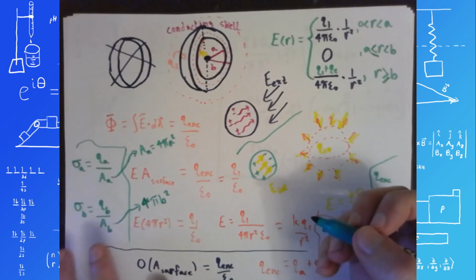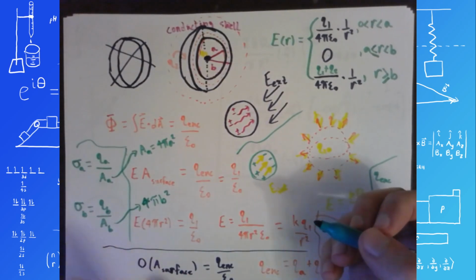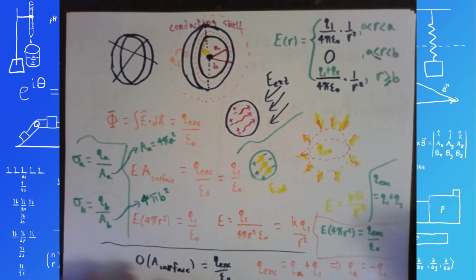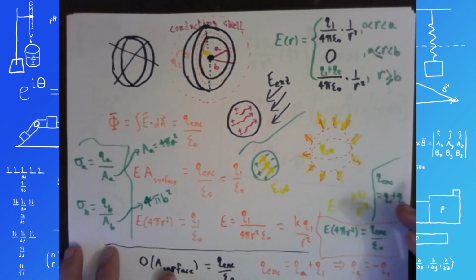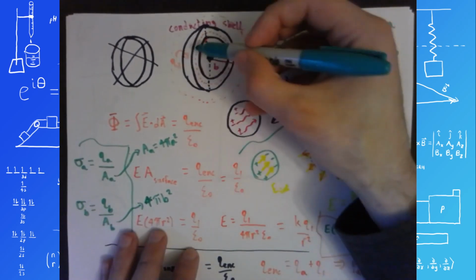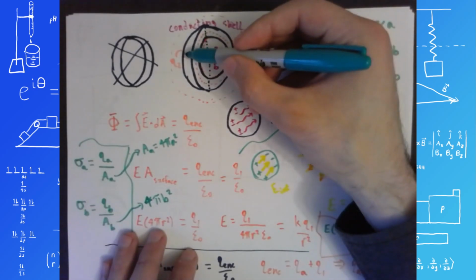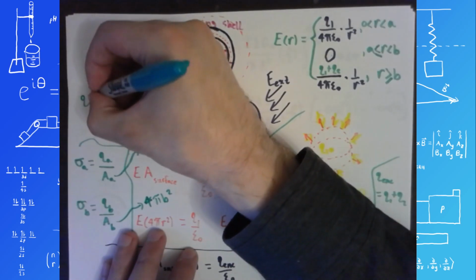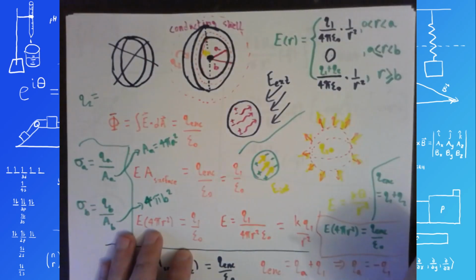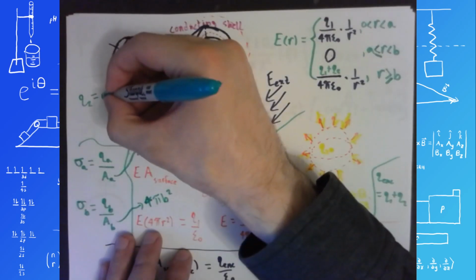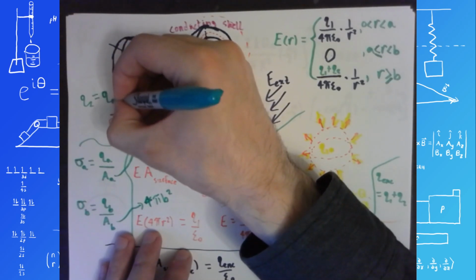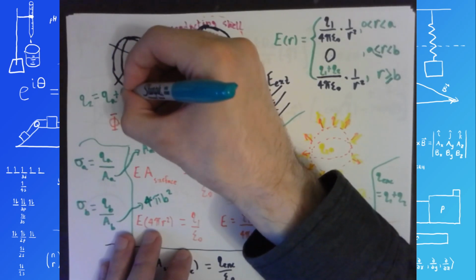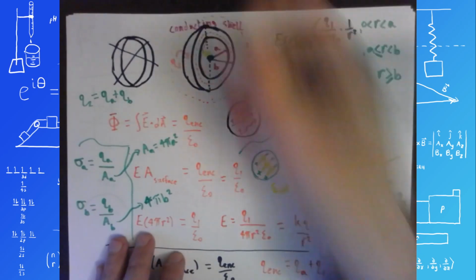But what about QB? That we have not calculated yet. But we do know something. We know that the total charge on the conducting shell is Q2. And the total charge on the conducting shell equals the total charge on its inner surface, QA, plus the total charge on its outer surface, QB.